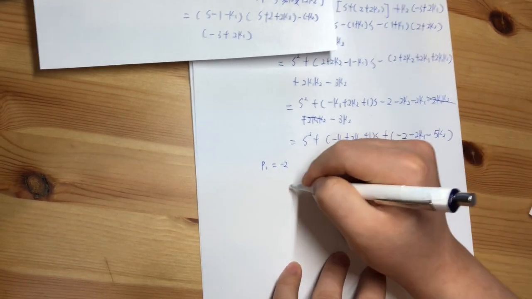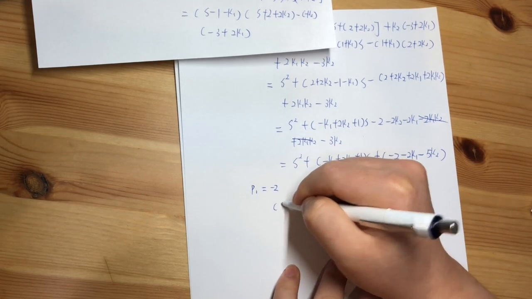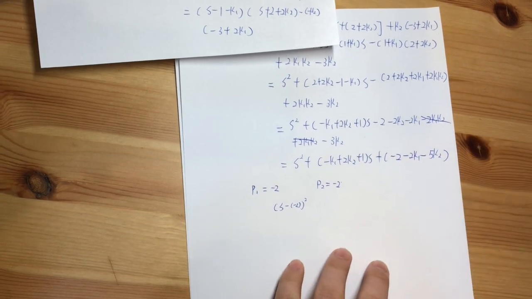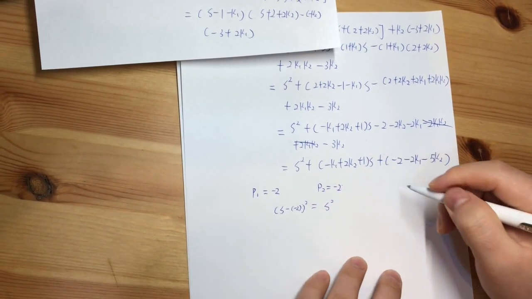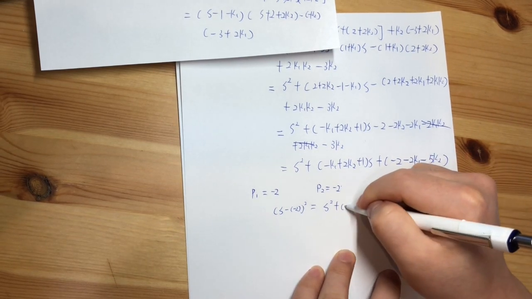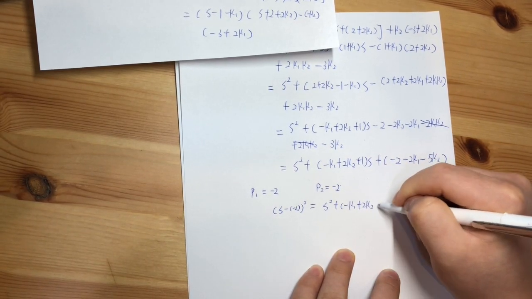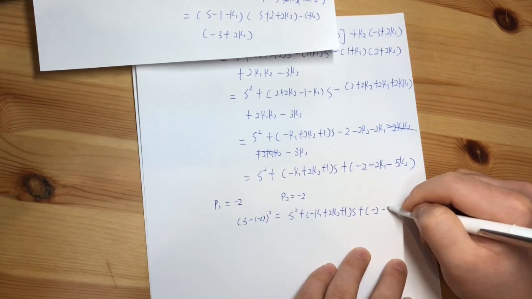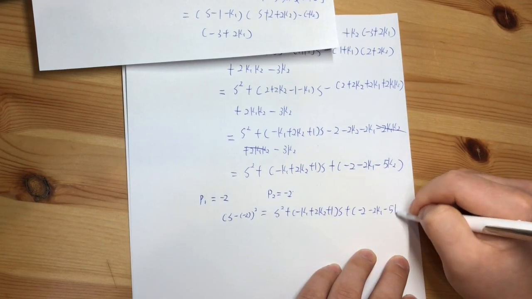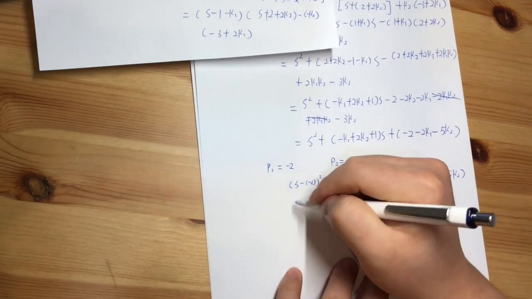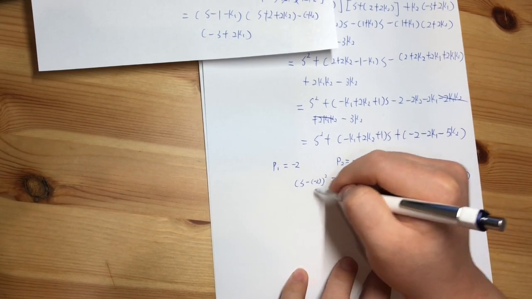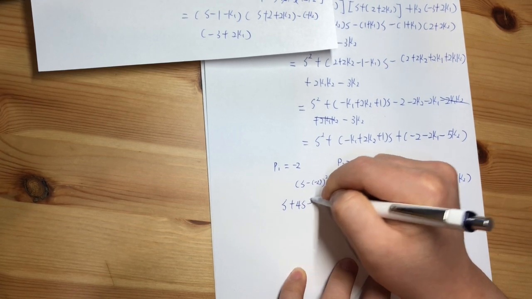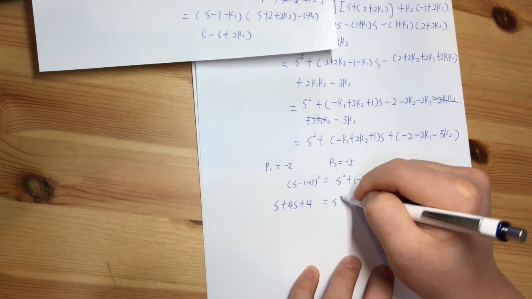So (s plus 2) squared is equal to s squared plus 4s plus 4.